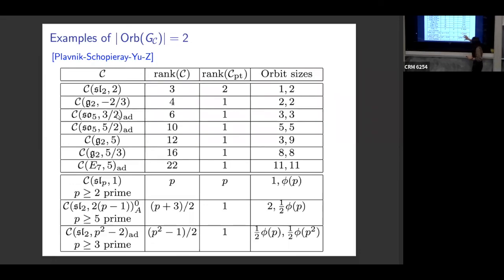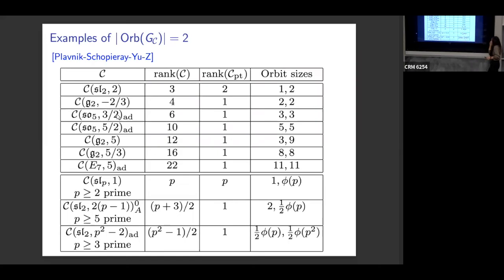And the rest of the 3 rows are infinite families of modular tensor categories with orbit 2. The first one is a pointed category. Basically, if you look at the orbit size, the first column is fixed, and the rest of the columns are permuted by the Galois element.